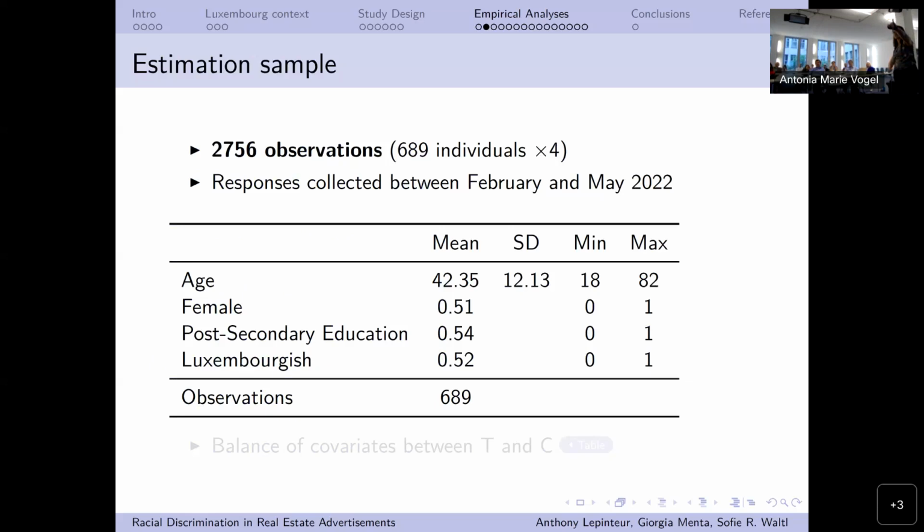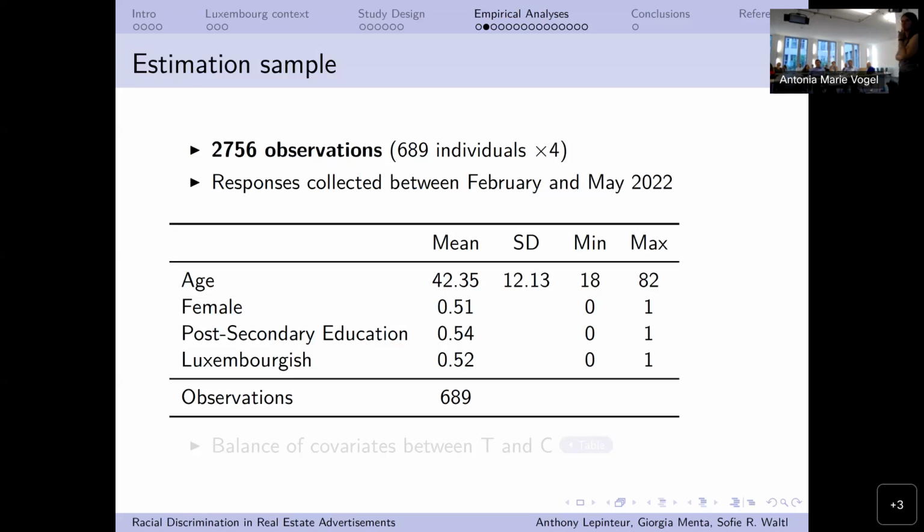The only thing they are meant to show is that in terms of age, we tried to get a bit older people, so people that were already active on the housing market, so that they have a bit of a feeling. We tried to do so by setting age restrictions on social media, and we were successful, fortunately. Also, we hoped to have half men and women, which was also successful.